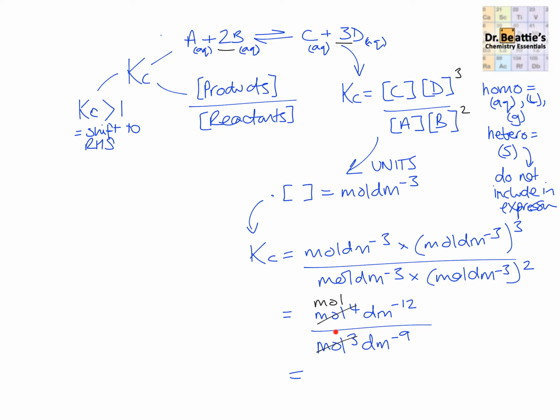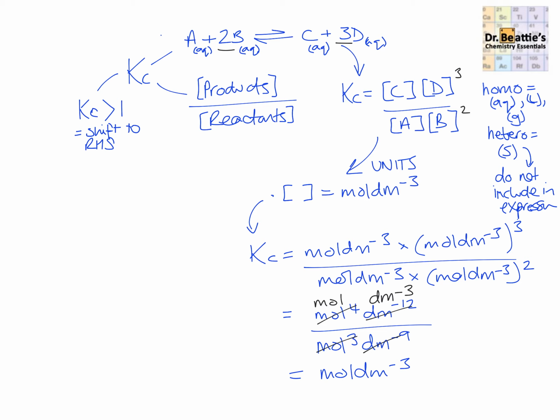So mol^3 with mol^4, we're left with 1 mole left over here. And we've got dm^-9 here, and we've got dm^-12 here, so that will cancel down, leaving us with the answer of mol dm^-3 as the units for Kc. Obviously, this was a quick recap. If any of this didn't make any sense, go back to that year 1 video.